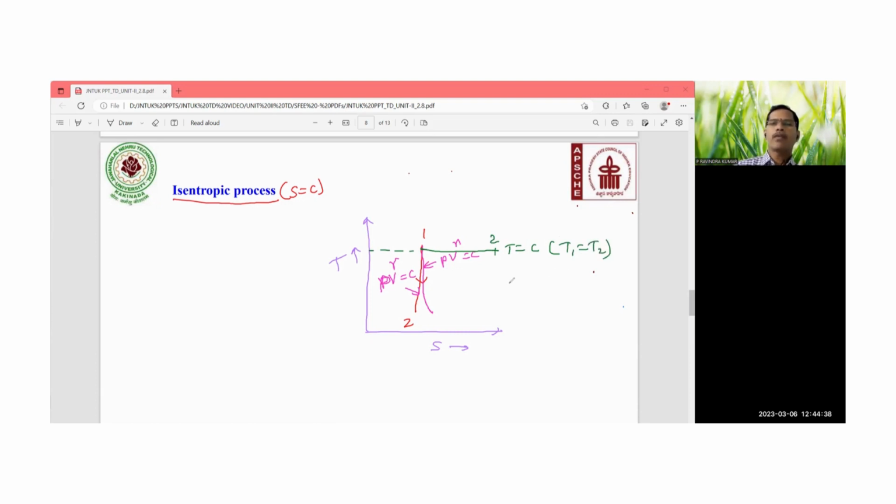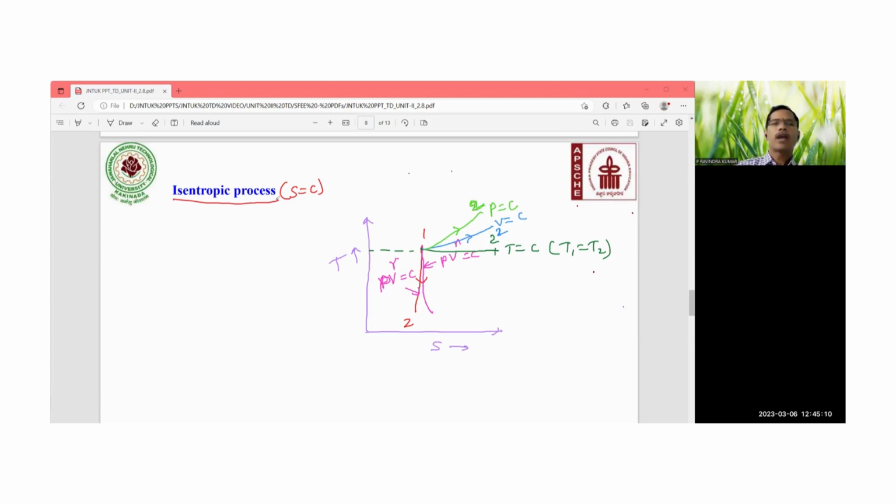Next, in case of a constant volume, this is the constant volume process 1 to 2. Next, there is the constant pressure process. So the system changes from state 1 to the state 2, right? This is how they are represented.